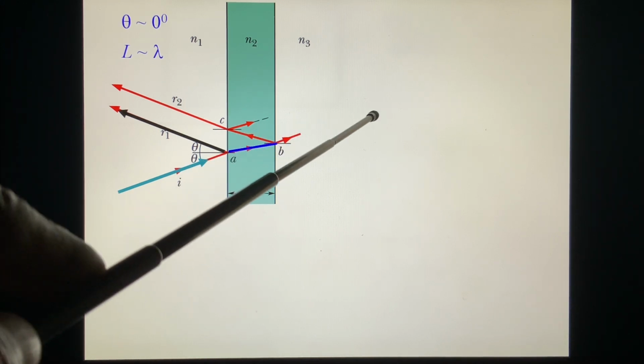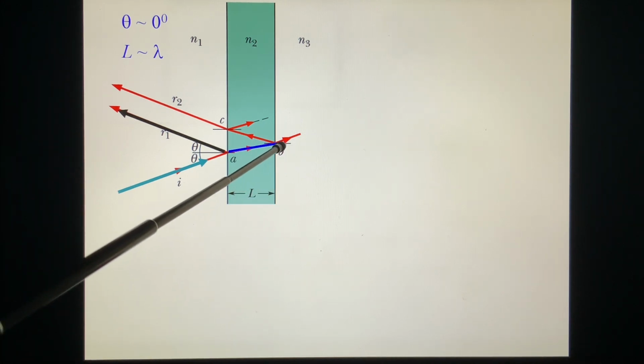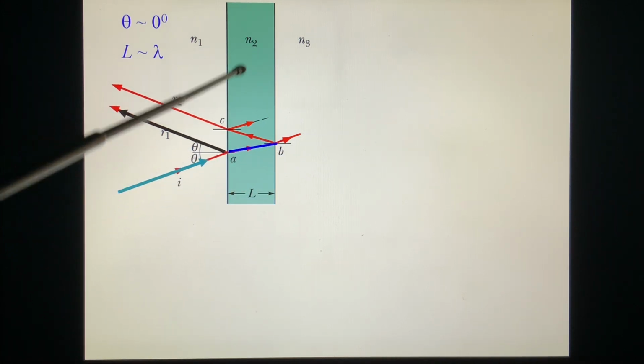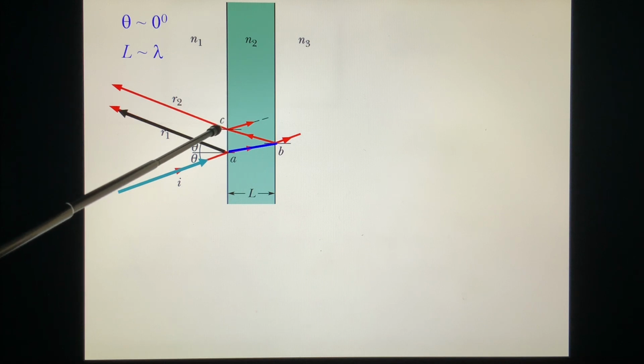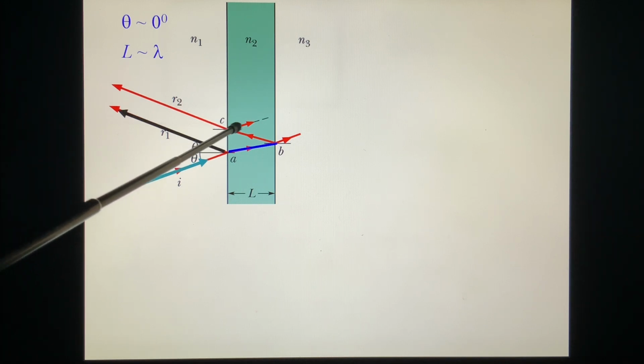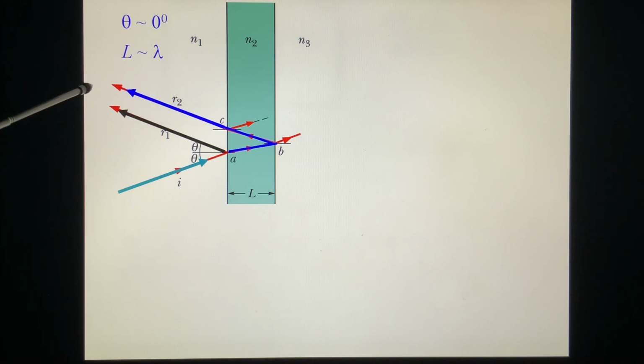One is refracted into n3, and one is reflected back in this medium. And at point C, we have two branches. One is reflected and one is refracted, R2. And what we see is R1 and R2 in our eye.